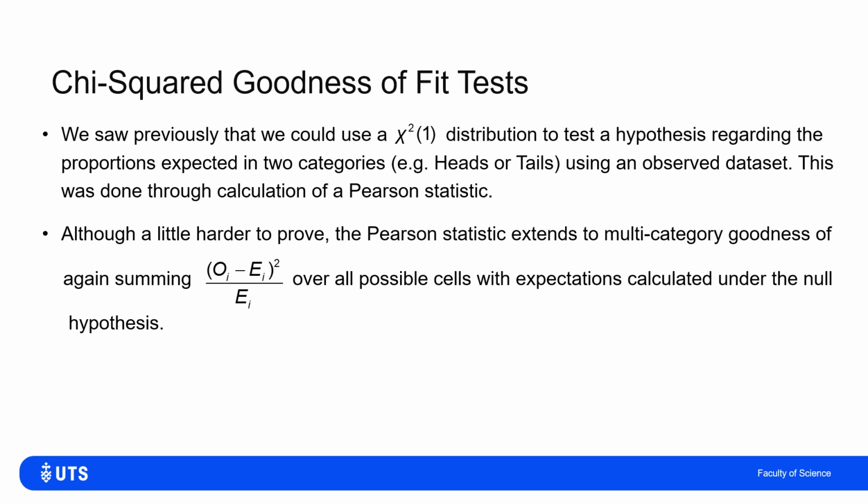Then I could take the not sixes and say, of the not sixes, how many fives and how many not fives? And then I could take the not fives and say, of the not fives, how many fours and how many not fours?